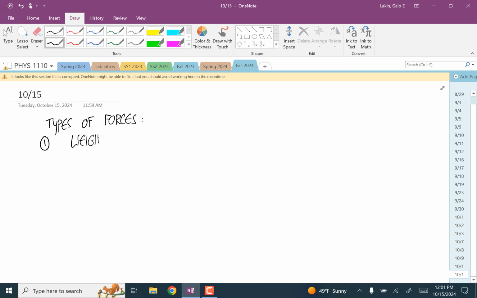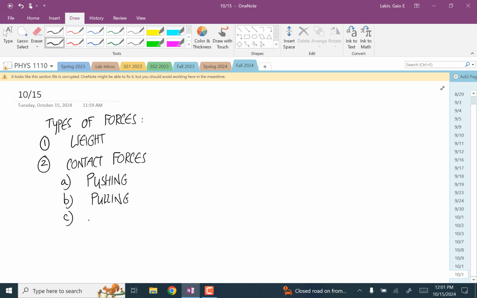The second category was contact forces. I broke contact forces up into 3 separate force types. The first one was pushing. The second one was pulling. And the third one was friction.